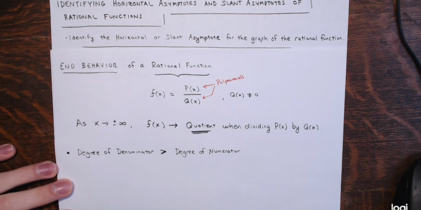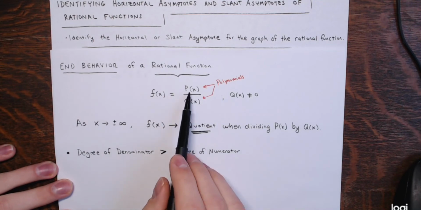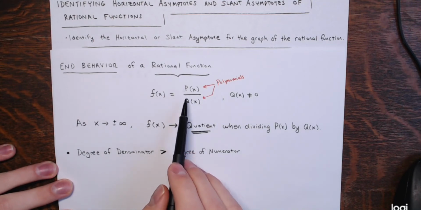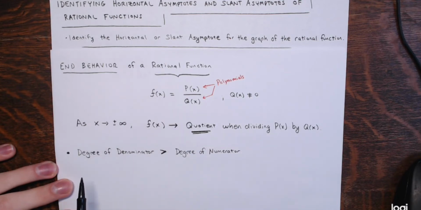Polynomial division was when you had an improper fraction, when the numerator had a degree at least as big as the degree of the denominator.